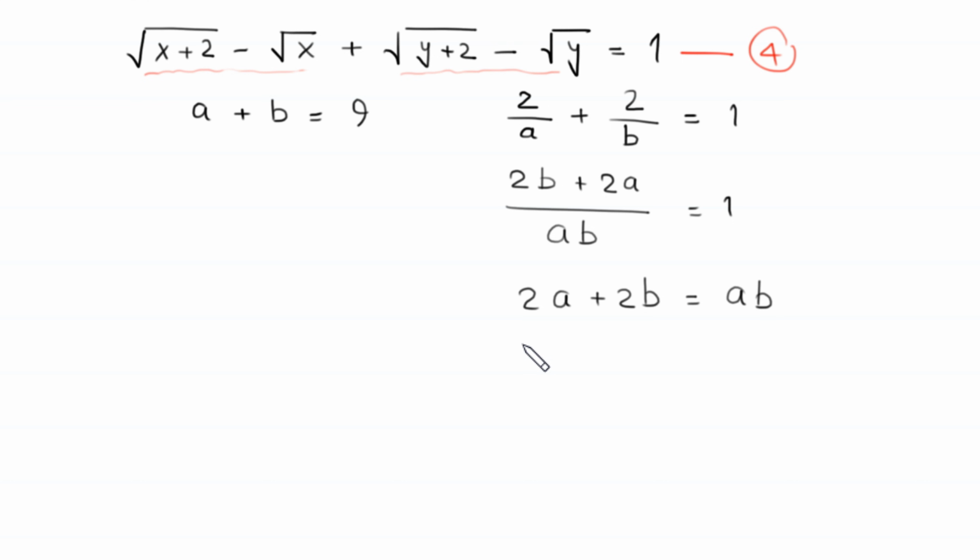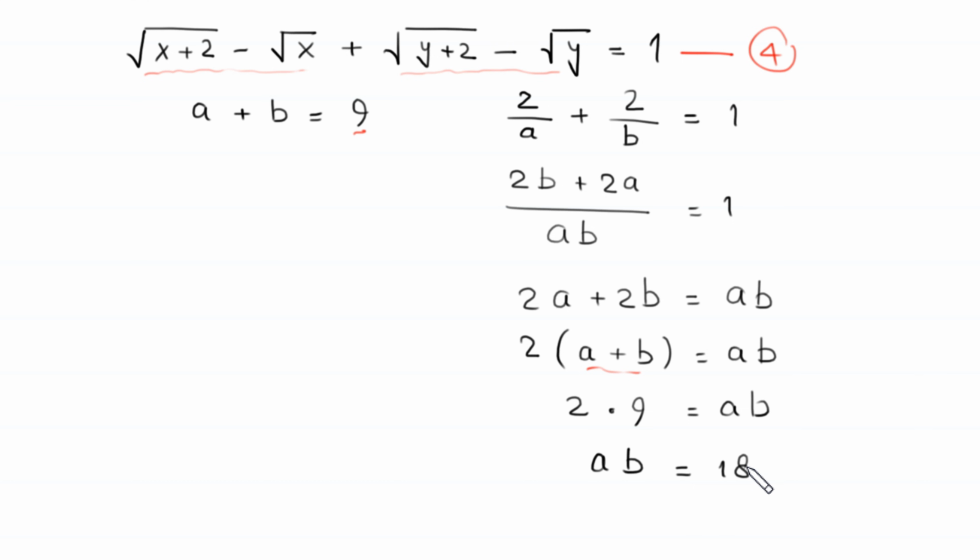From here we can factor out 2: 2(a + b) = ab. We replace a + b with 9, so 2 times 9 is equal to ab. So we get ab = 18.